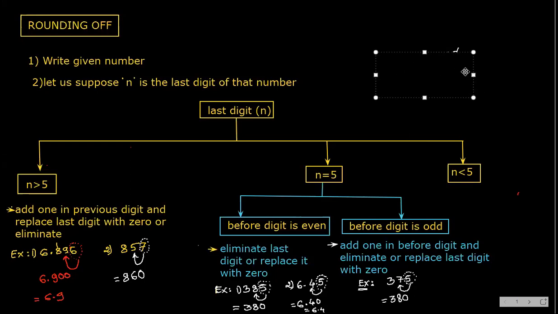We have considered all points so that the answer should not change, and according to that we made these rules. So even though you take these rounded off numbers, you will get an answer nearest to the actual one, because it is very difficult to calculate big numbers like 39978 divided by 45678.